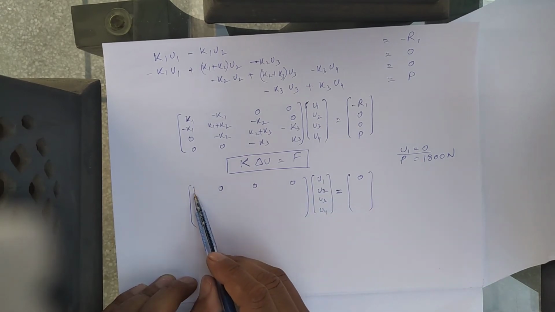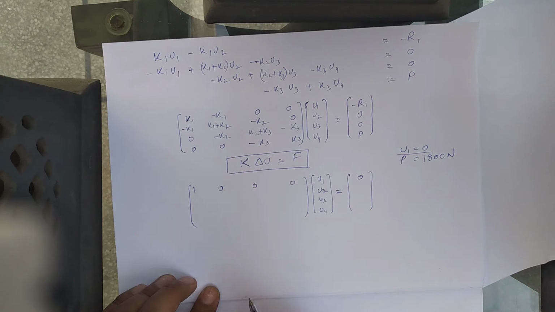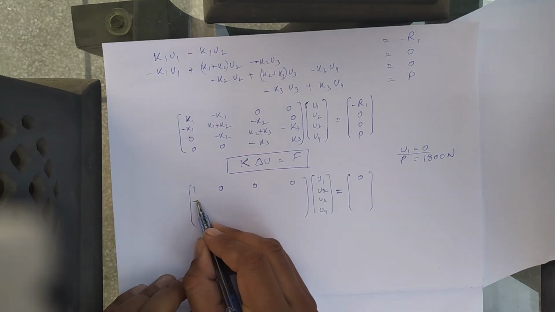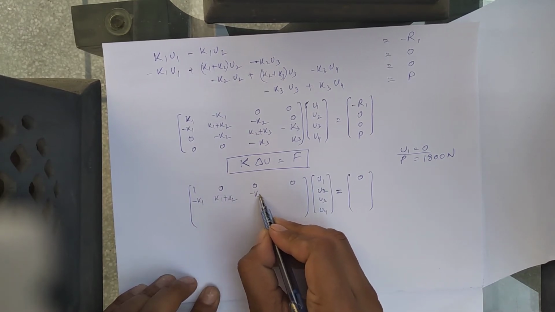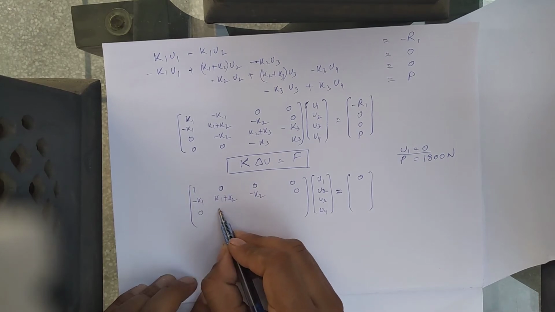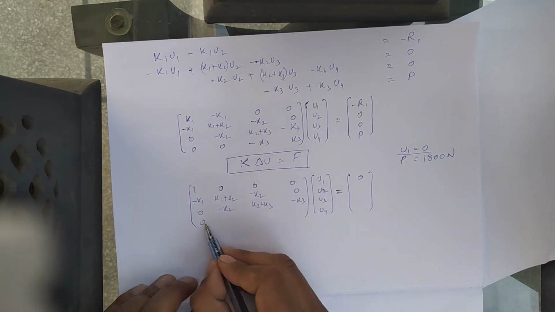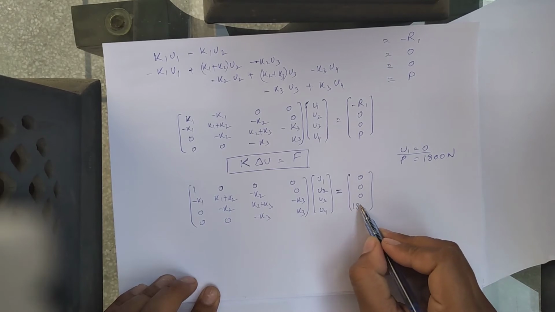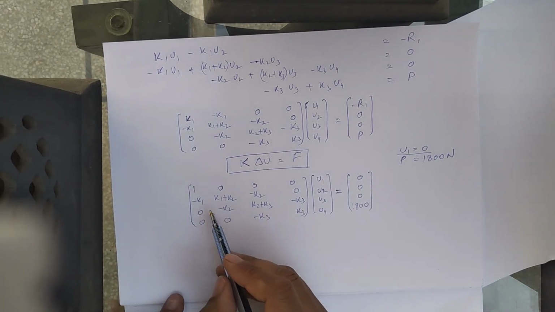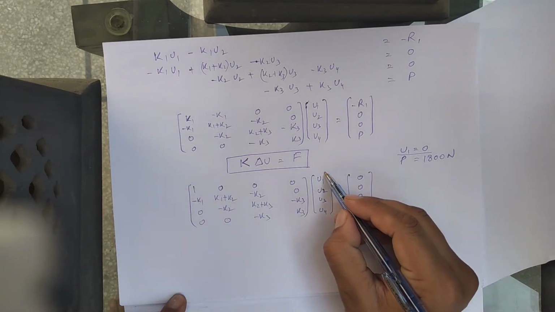In this place we put 1 and all zeros, then this will be U1 equals to 0. The rest of the equations we will write like that. Minus K1 plus K2, minus K2 and 0, 0, minus K2 plus K3, minus K3, 0, 0, minus K3 and K3, and here we have 0, 0 and 1800. Now you can see this whole column is being multiplied with U1, which is 0.